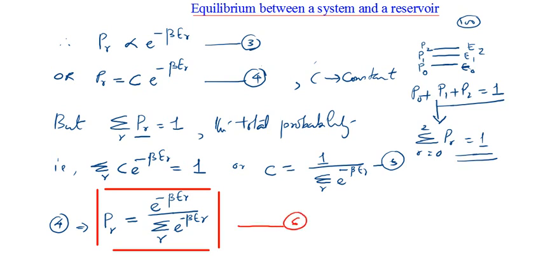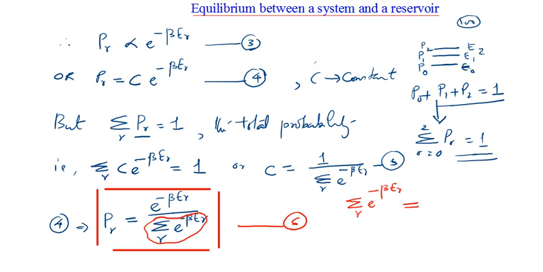In this equation, remember the denominator: the summation goes over all possible states accessible to system A, and equation 6 gives the probability that a particular microstate or eigenstate with energy E_r is occupied. The quantity in the denominator, sum over r e raised to minus beta E_r, is extremely important in statistical mechanics.